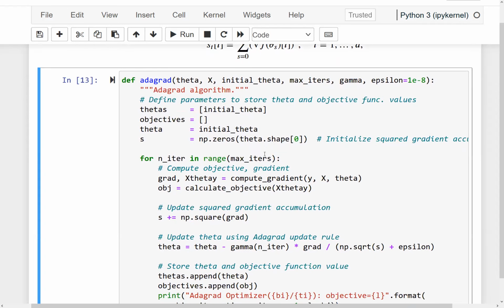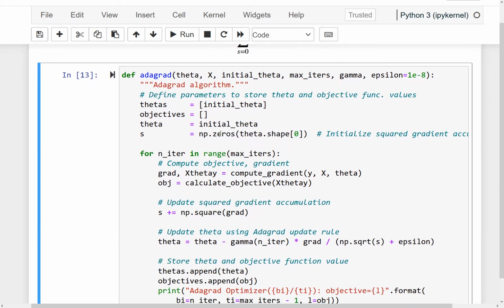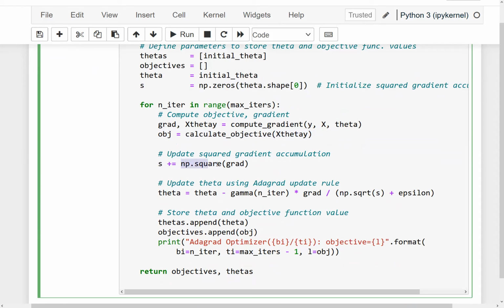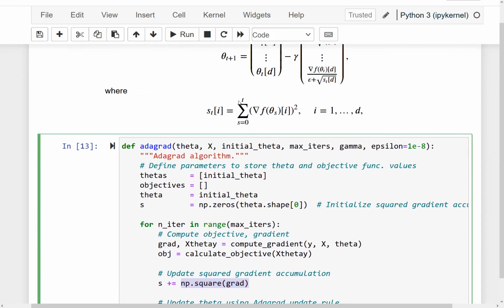The general scheme is quite similar as before. The only new component is now this S vector storing the squared gradient sums, but the iteration as before. Compute here gradients, the x theta minus y, the objective value. You update now this S by adding to it every time the squared gradient, because this is exactly what is new in every iteration.